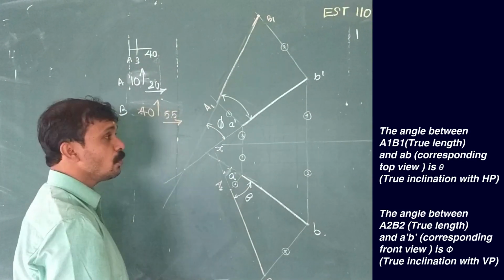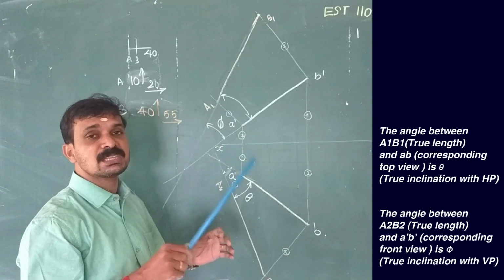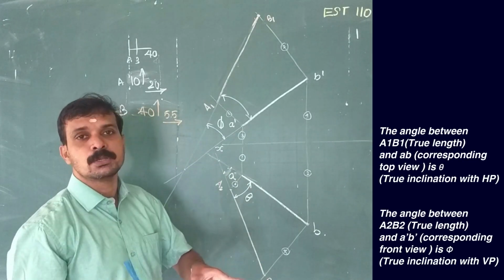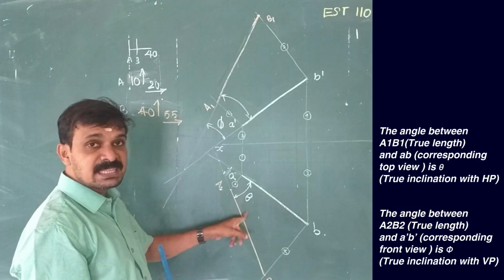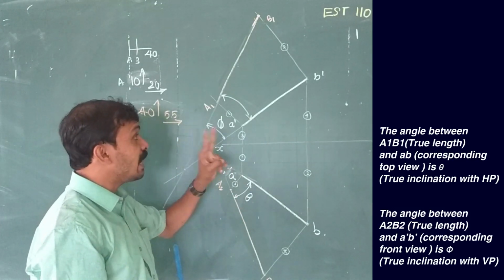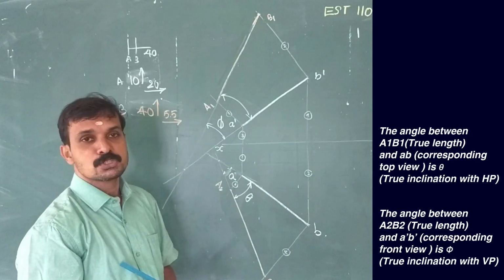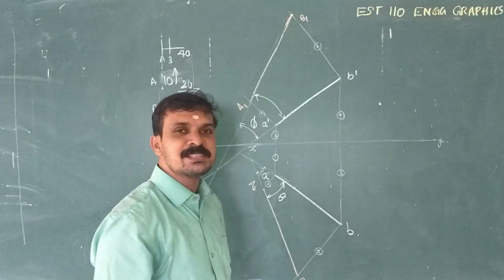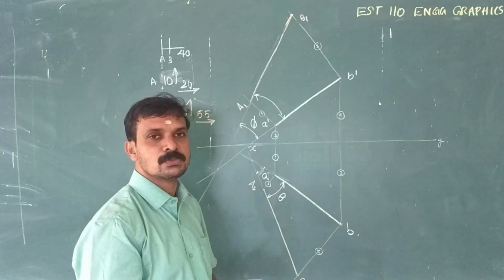So in the trapezoidal method, for measuring the true inclinations, the angle between AB and A2B2, the corresponding true length, will be theta, and the angle between A dash B dash and the corresponding true length will be equal to phi. So we have measured the true inclinations theta and phi.